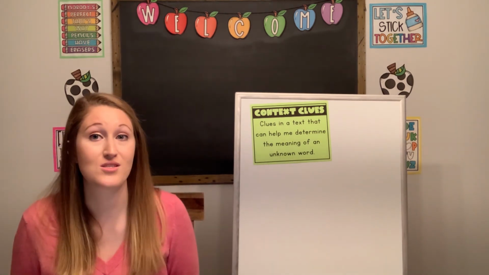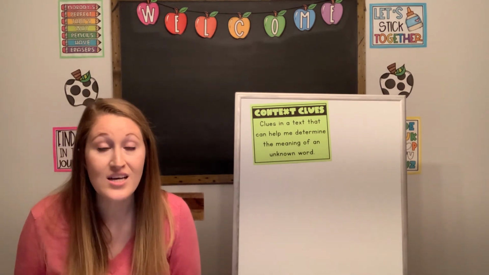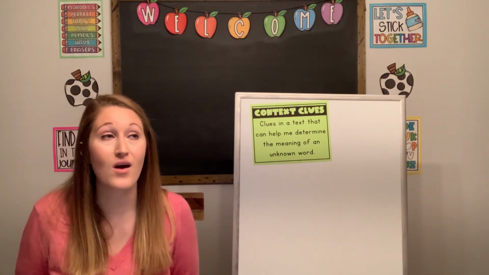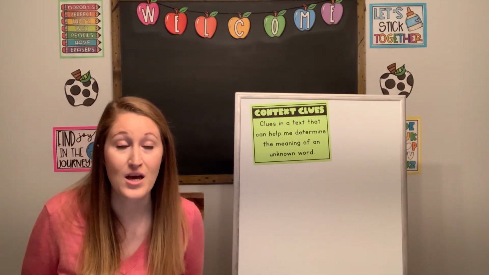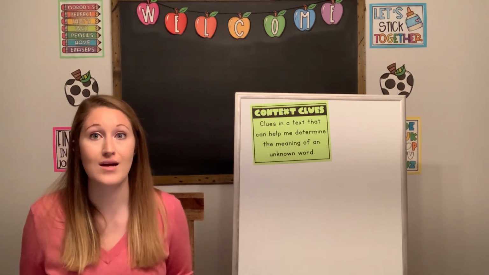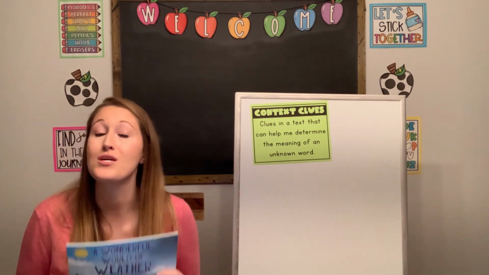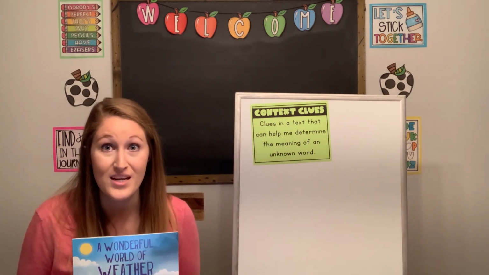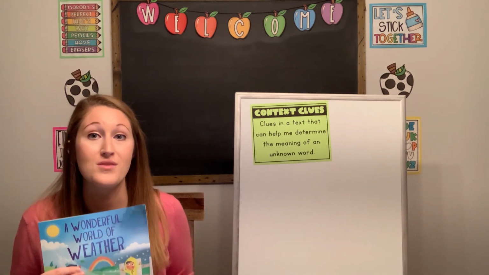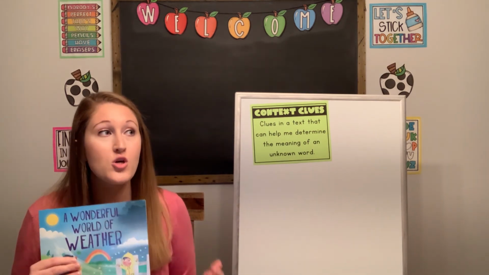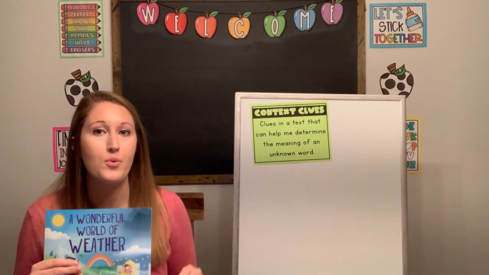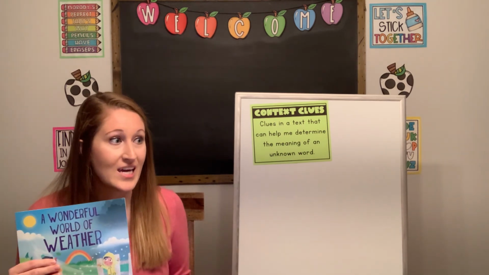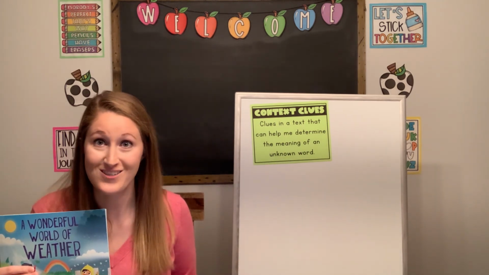We can use context clues in fiction books as well to help us identify the meaning of unknown words there. Okay, so context clues are all around us. And this is a skill that you can use every single day when you are reading books and you come across a word that's unknown to you. It's a great way to help build up your personal vocabulary and learn some new awesome words.